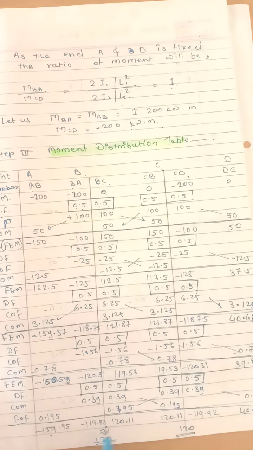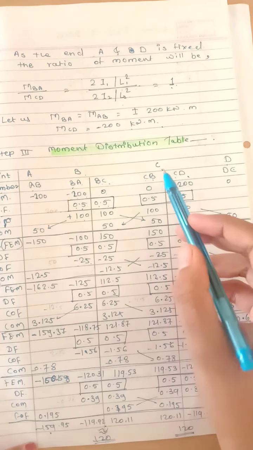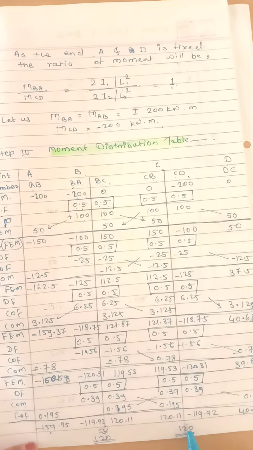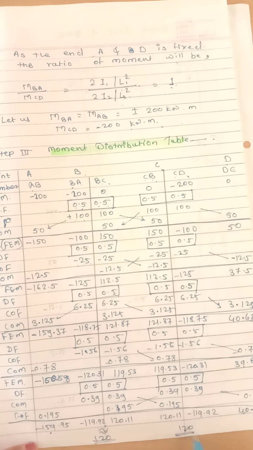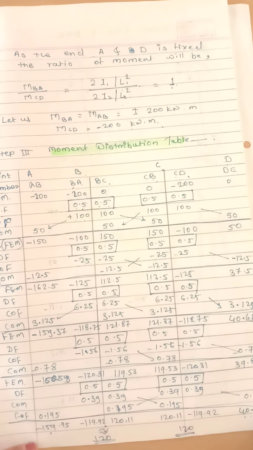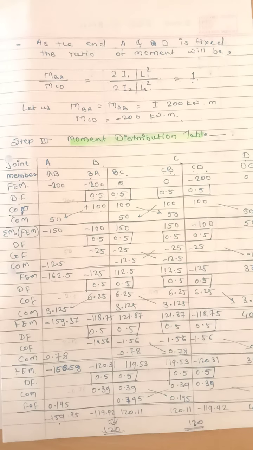These two values are nearly the same, so we take an approximate value of 120. Same for joint C, members CB and CD act, and the end moment is approximately 120, and at point D the end moment is 40.24. So these are our end moments, calculated with the help of the moment distribution table.